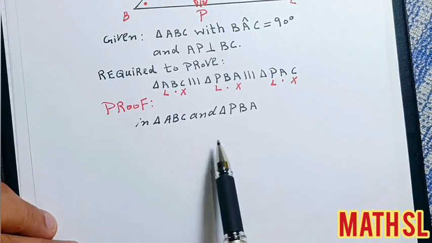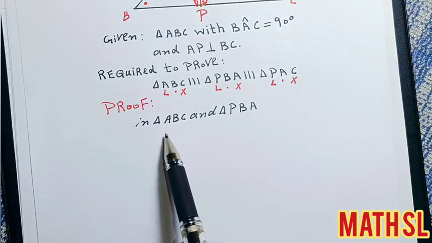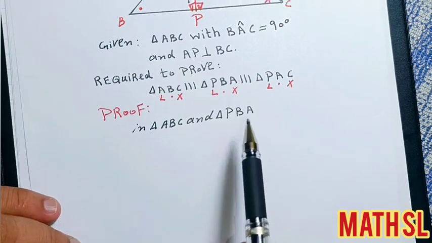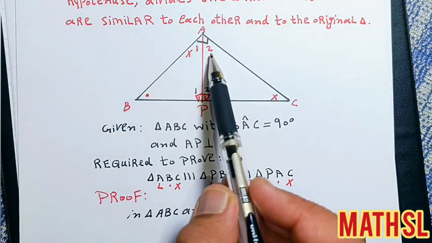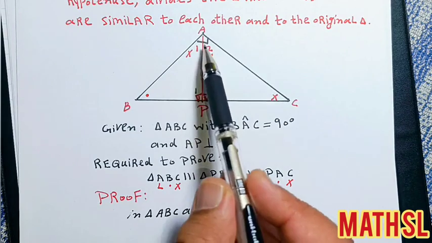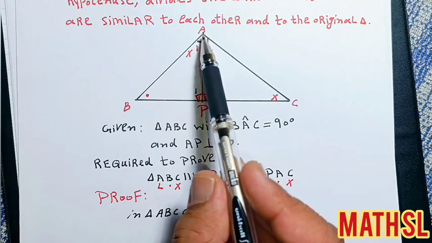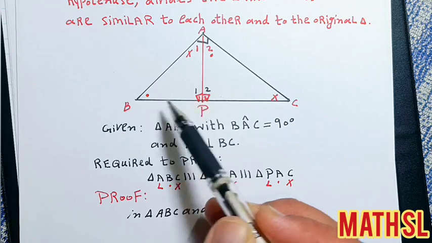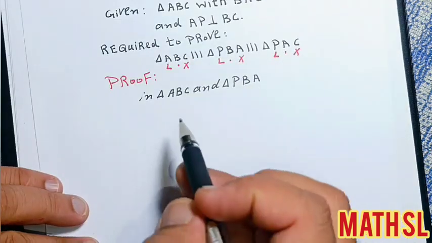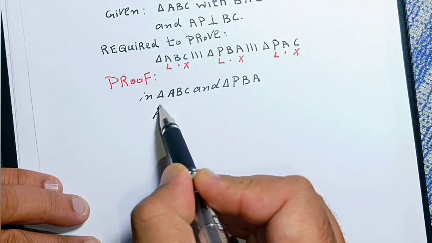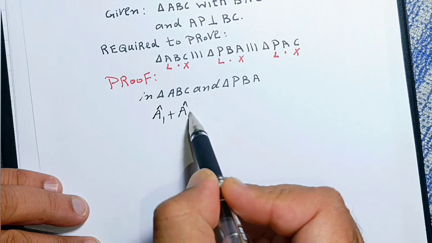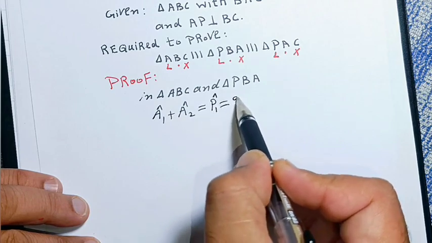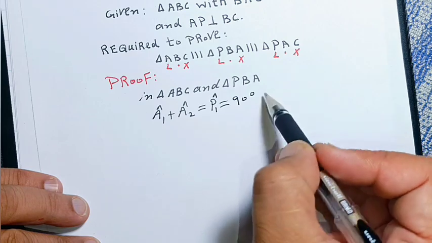I need to prove these two triangles are similar. In triangle ABC and triangle PBA, have a look. The angle A1 plus A2 is equal to P1, because we are comparing the main triangle ABC and the small one on the left hand side, PBA. So angle A1 plus angle A2 is equal to angle P1, which is equal to 90 degrees, and that is given.